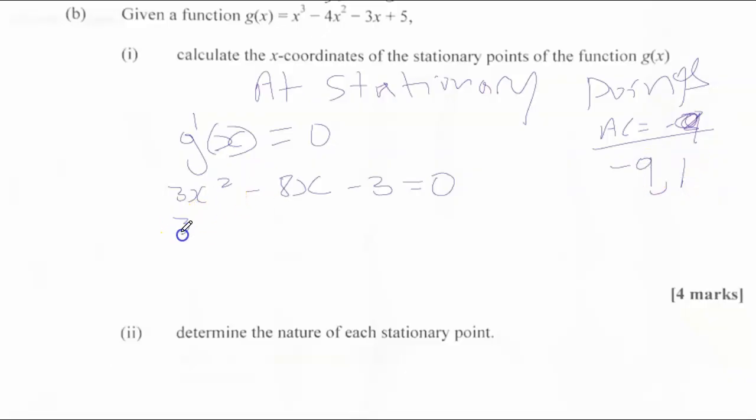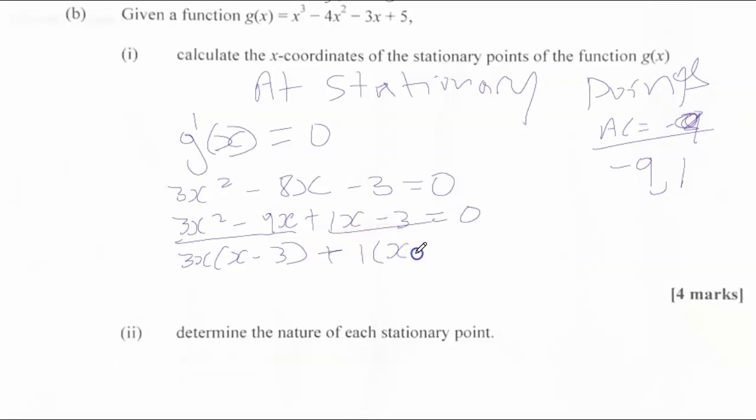So we're going to rewrite the middle term as minus 9x plus 1x minus 3 equal to 0. Factor by grouping. For the first group, factor out 3x, we're left with x minus 3. Second group, factor out 1, again we're left with x minus 3 as we expect. Same brackets, so common bracket x minus 3, and the other terms outside the bracket are 3x plus 1.